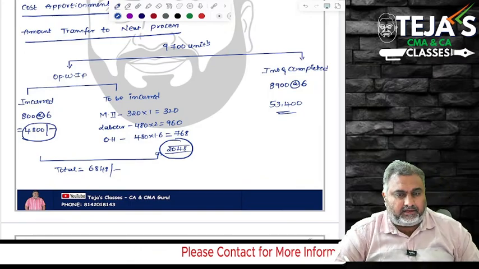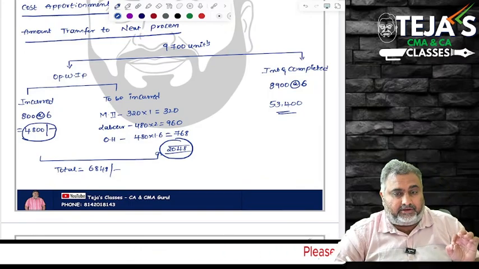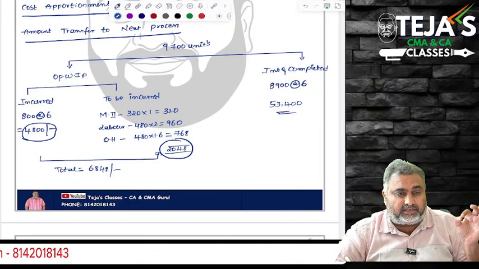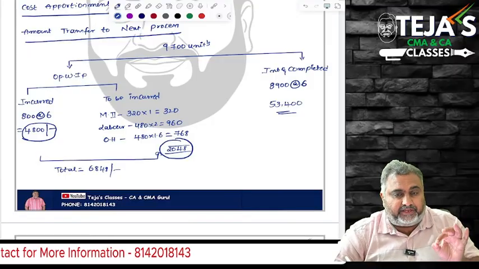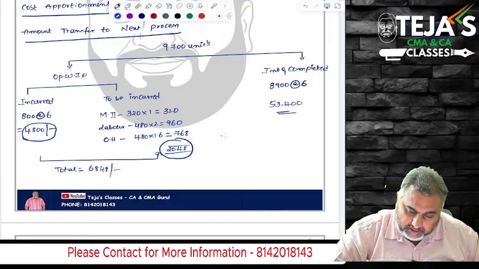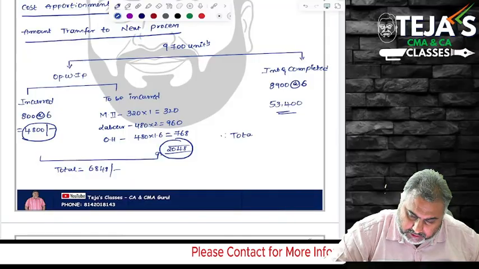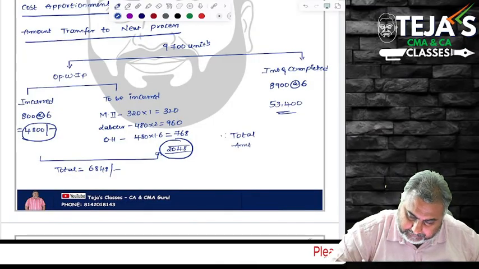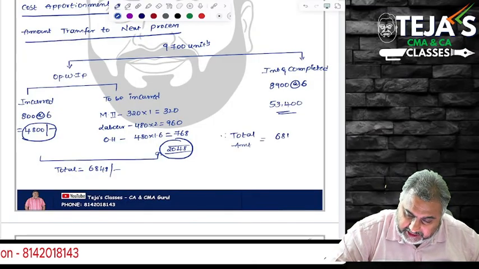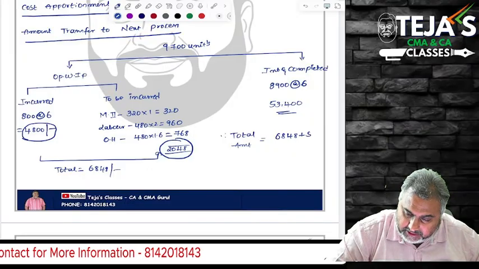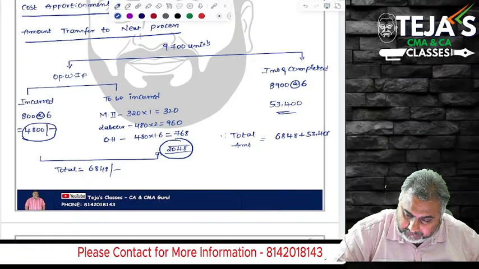This is what? 8,900 units, 100% completion cost was 53,400. Therefore, total amount how much? 6,848 plus 53,400.